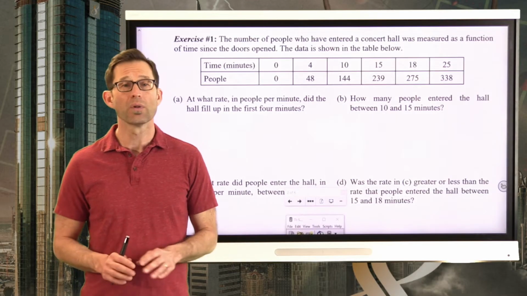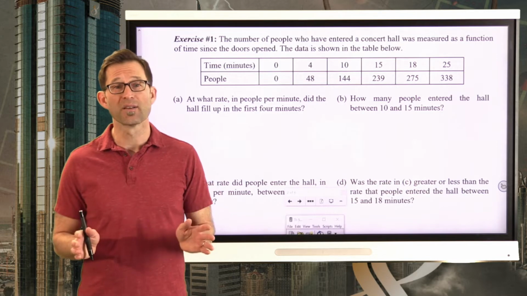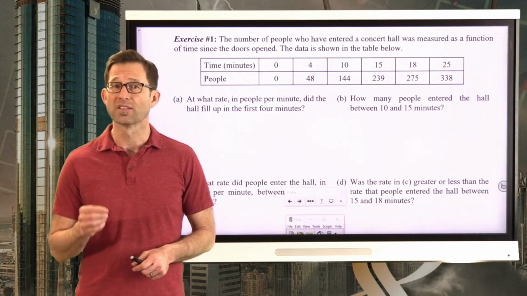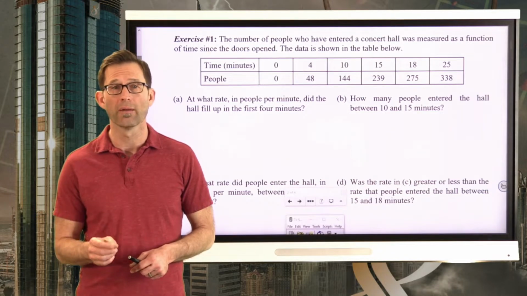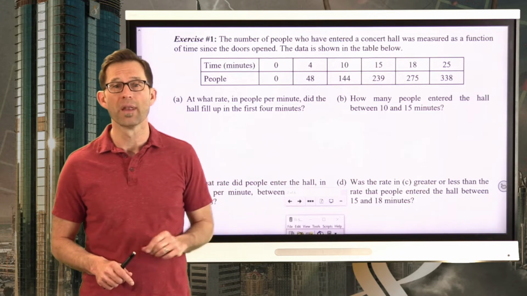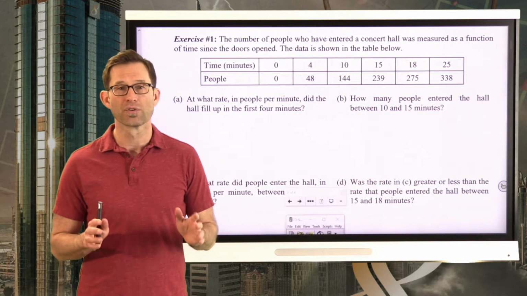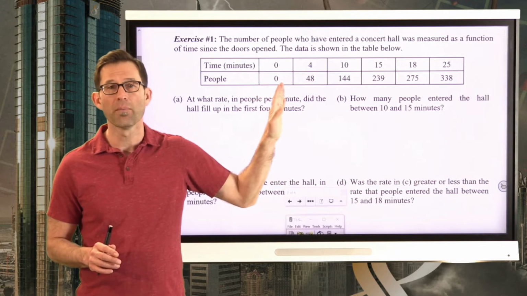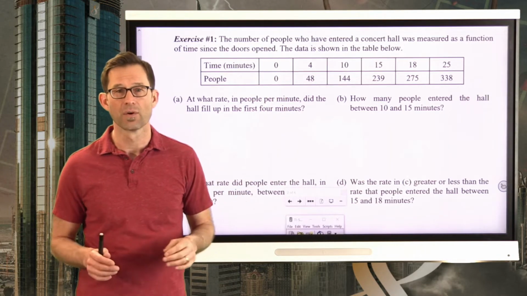All right, so rates are certainly not something that are foreign to you. You've been dealing with ratios and rates since probably about 4th or 5th grade. So I think this first problem is pretty easy. At what rate in people per minute did the hall fill up in the first 4 minutes? So obviously at 0 time, there are no people in the hall. That's kind of the idea of 0 time.